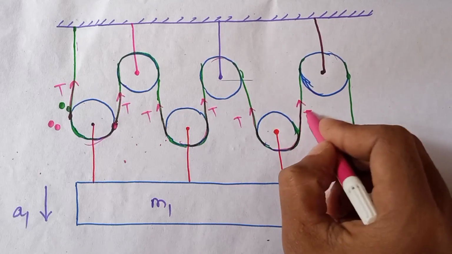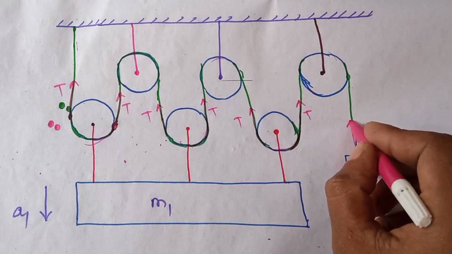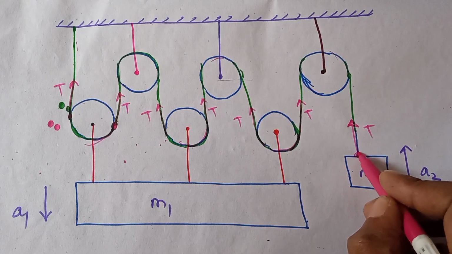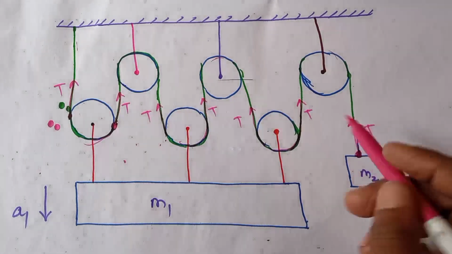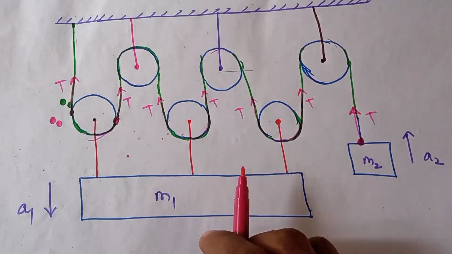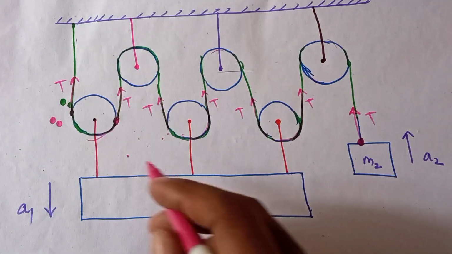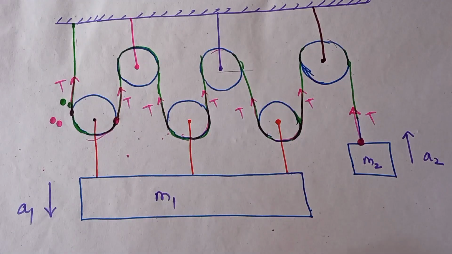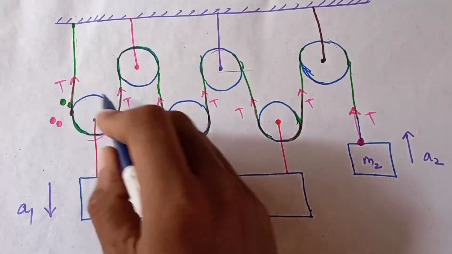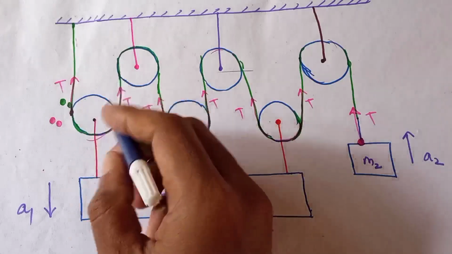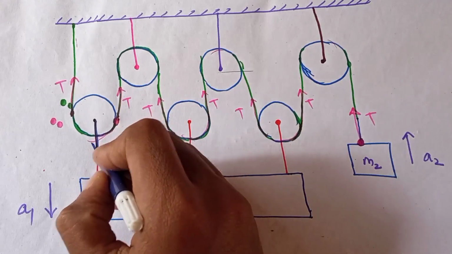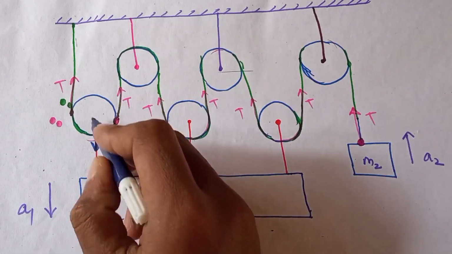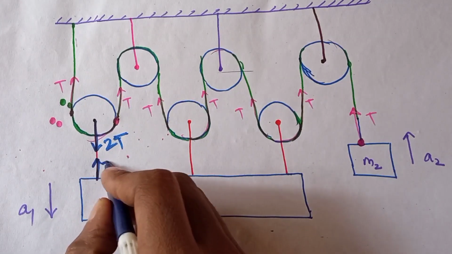Here also it will be T. The direction of tension is always away from the end point, which you have to keep in your mind. Next apply concept number two, that the net force on the massless pulley should be 0. In this pulley the net force is 2T in the upward direction, so here it will be 2T in the downward direction. Again this is the same string, so the tension here will be 2T.